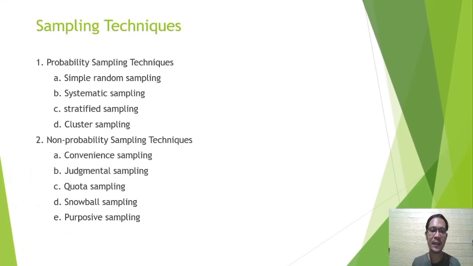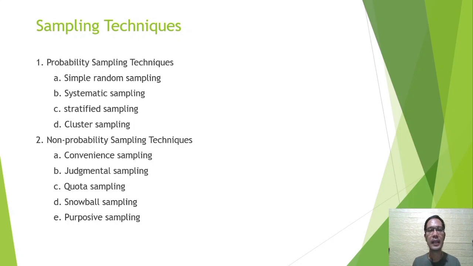So what are these sampling techniques? What are the inclusions in both probability sampling techniques and non-probability sampling techniques? Probability sampling techniques include simple random sampling, systematic sampling, stratified sampling, and cluster sampling.